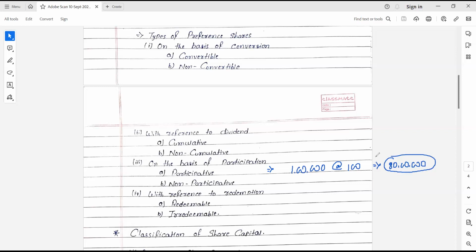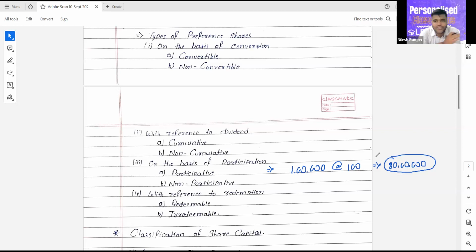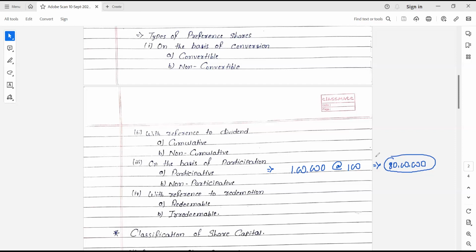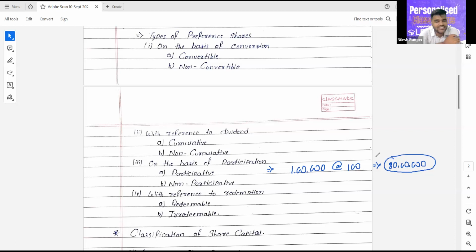It's not a trick question. It's very simple. Yes, sir. Is it 80,000? 80,000. Okay, number of shares is 1 lakh.